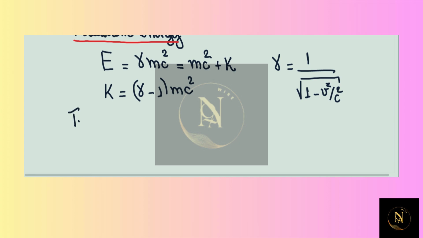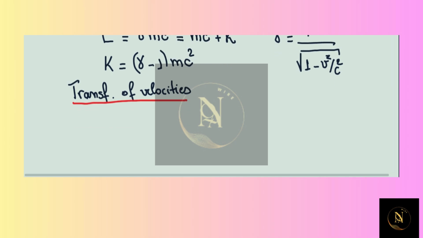Besides, we also need to remind ourselves of the relativistic transformation of velocities. So consider that we have a reference frame, and in this reference frame, we have two particles.